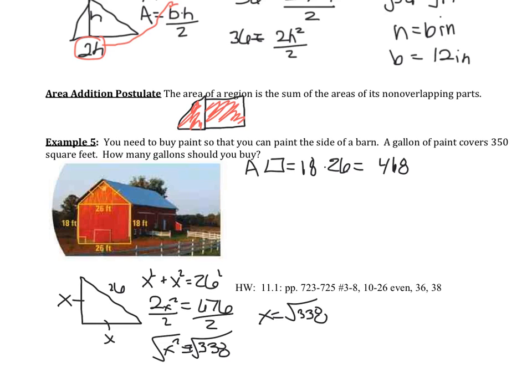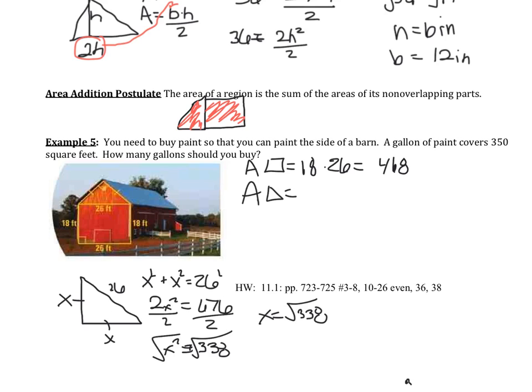Now, to find the area of my triangle, I'm going to write this back up here. The area of our triangle is half of my base times my height, or base times height divided by 2.